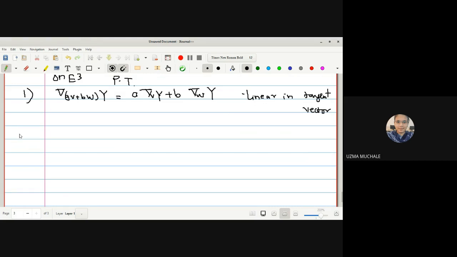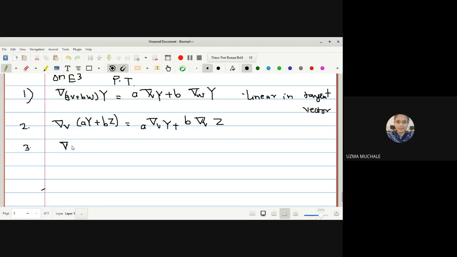The second one we can do is del V of AY plus BZ is equal to A del V Y plus B del V Z. So you can say there is linearity in your vector fields Y and Z. The third property is for the scalar one.